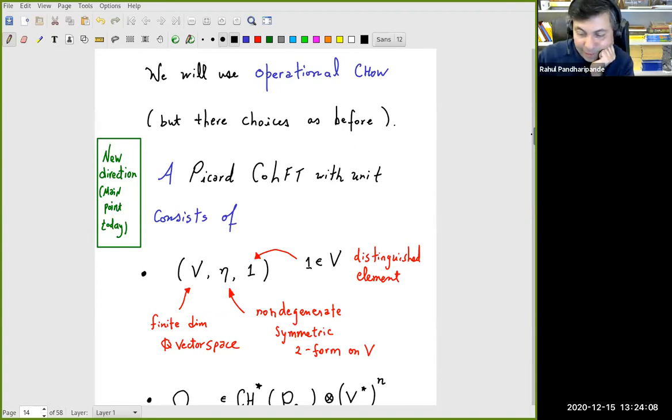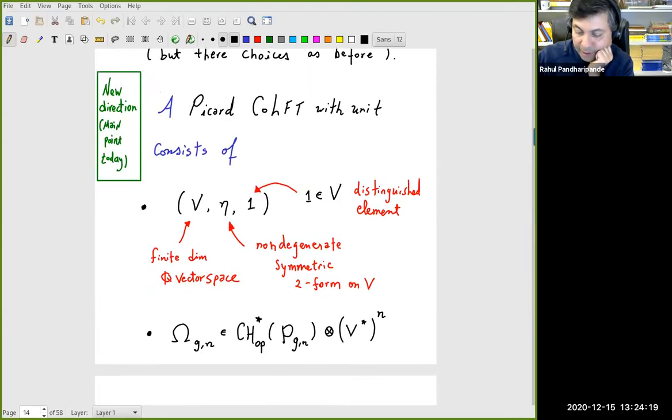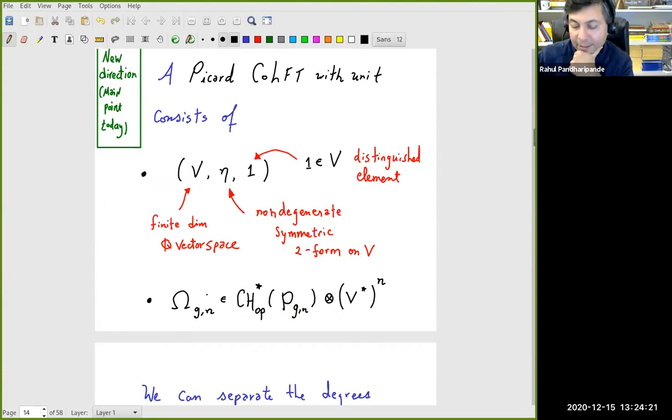So what is a Picard CohFT with unit? It consists of again this data of this V, this vector space, and this non-degenerate symmetric form, and then a distinguished element. And now I want the CohFT part to give me classes in the operational Chow of the Picard stack.